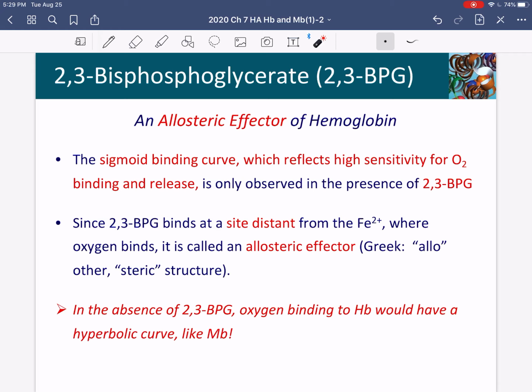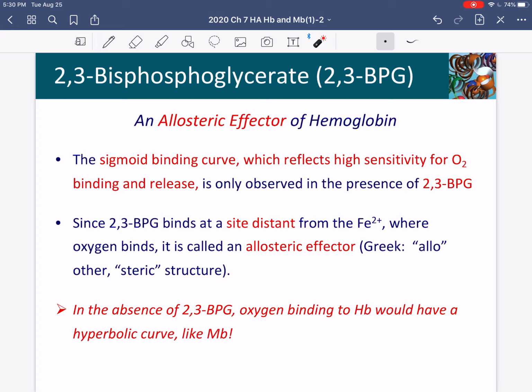Okay, so 2,3-BPG binds at a site distant from the heme iron where the oxygen binds, and therefore it's called the allosteric effector. There's your Greek allo, other, steric, structure.